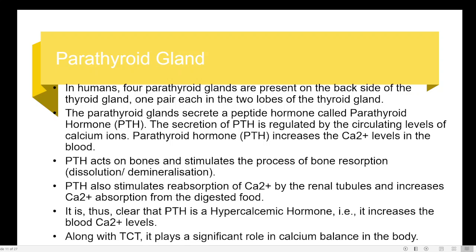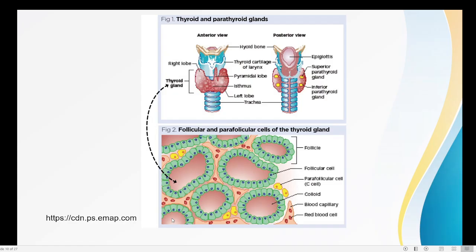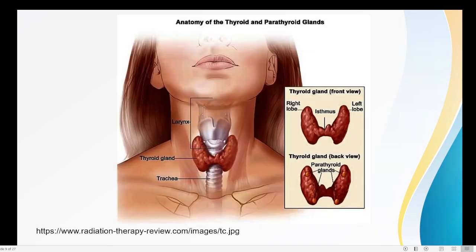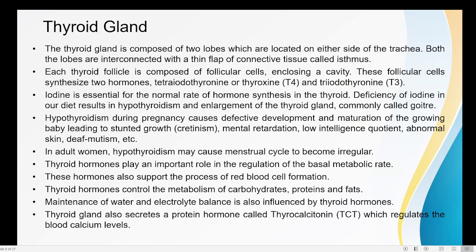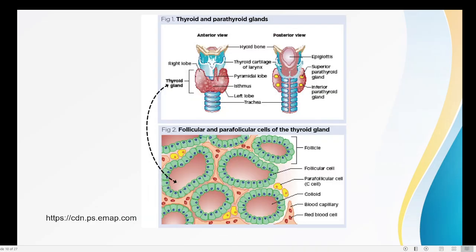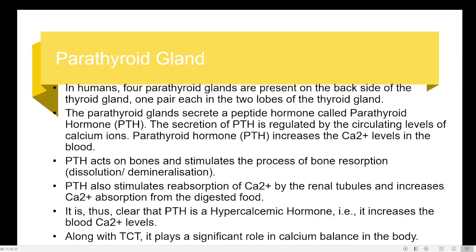TCT, thyrocalcitonin. Earlier we were discussing one hormone known by the name thyrocalcitonin. So thyrocalcitonin decreases the level of calcium ions, while PTH is actually increasing the level of calcium ions in your body.